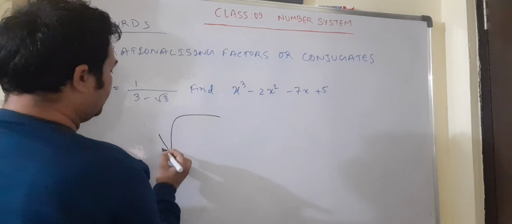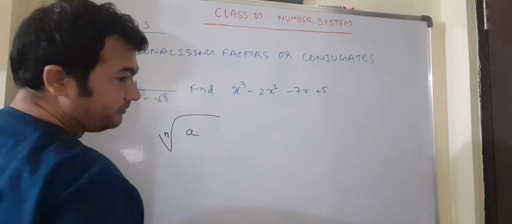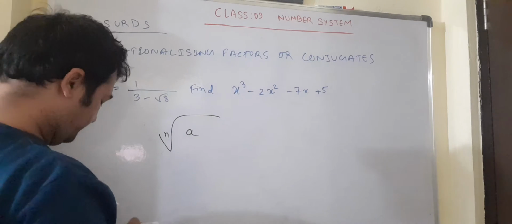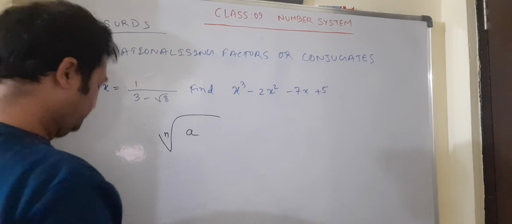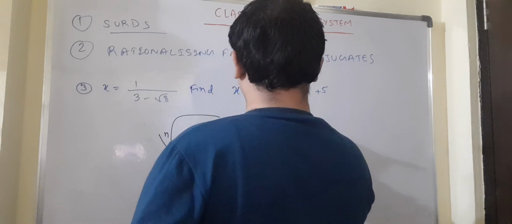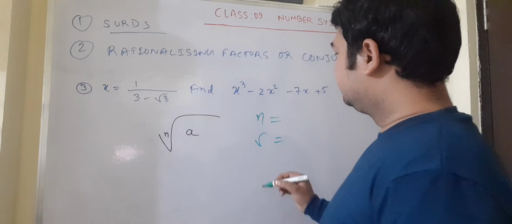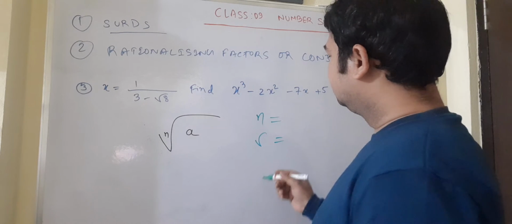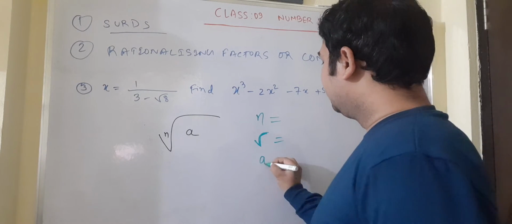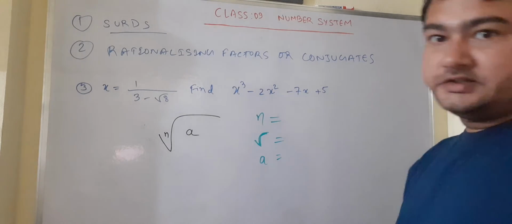If we have the nth root of a, where a is a positive rational number and the result is irrational, there are three elements here: one is n, another is this root symbol, and then a. So there are these three things.